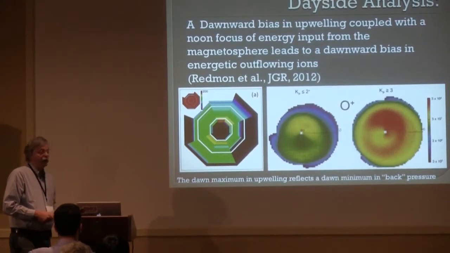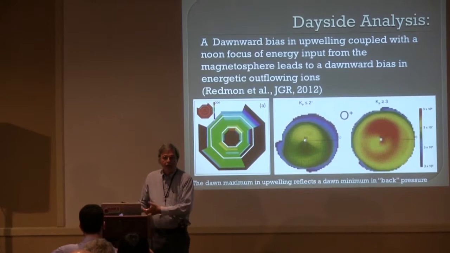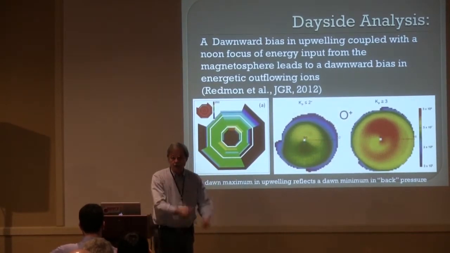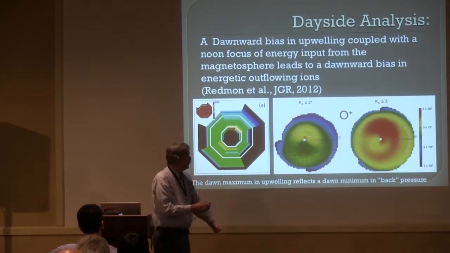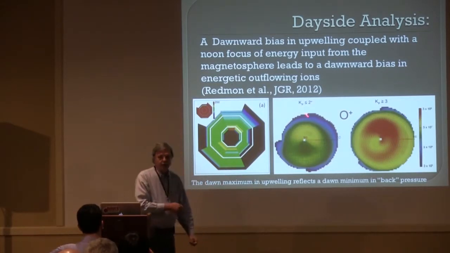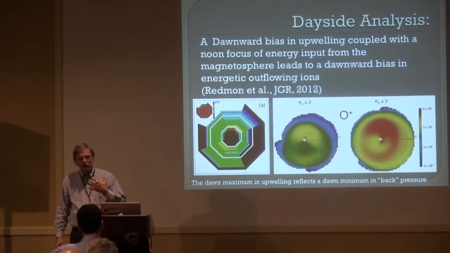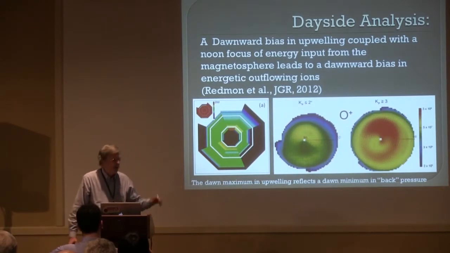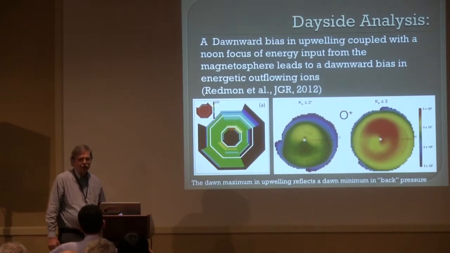And after you think about it, what it is we have this upwelling on the dawn side where the empty flux tubes coming around to the day side hit by photoelectrons, pushed up. And so the biggest flux on the day side is dawnward, but the energy source is associated with the cusp. So the shifting back and forth is associated with the dawn source and the dawn upwelling and the noon energy source.